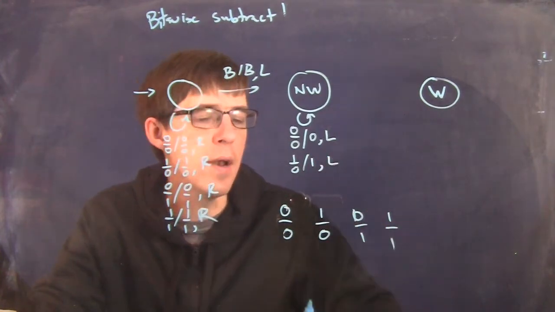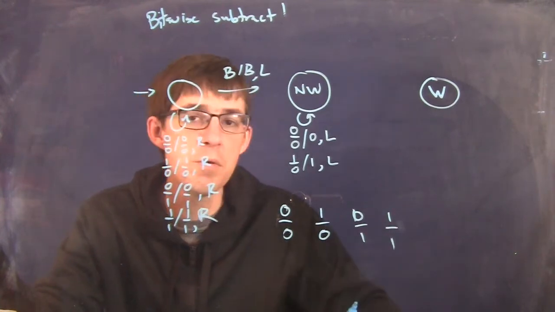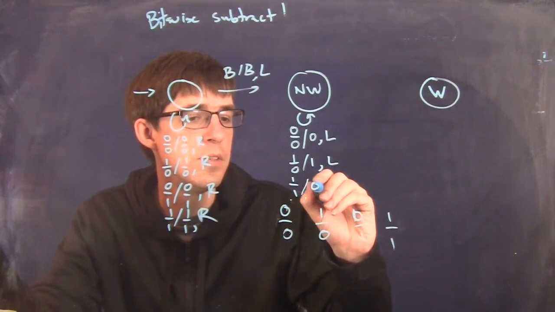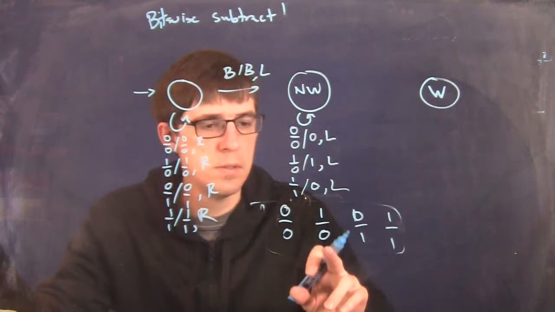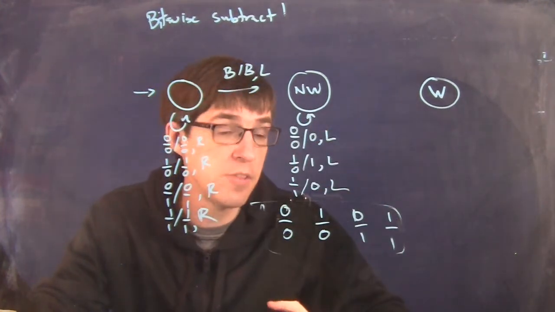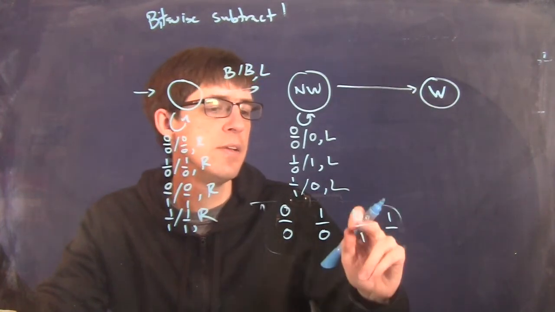Okay? 0, 1. And this is also easy. 1, 1. If there was no borrow, then you just do 1 minus 1, which is 0. So 1, 1, 0, L. All right? Okay, what about 0, 1? Here you got to do a borrow. So that's going to send us over to this state. 0, 1.